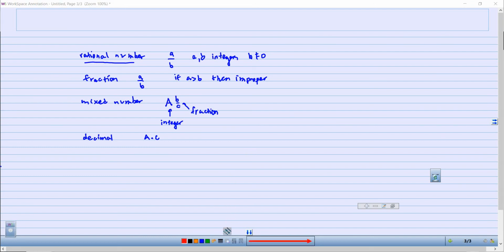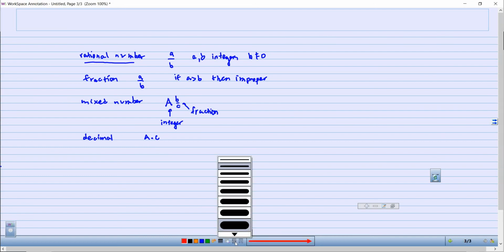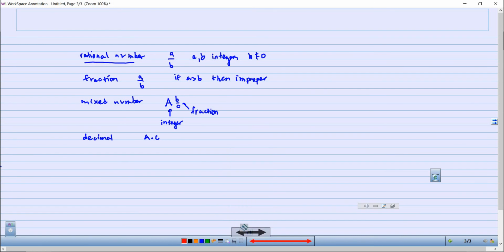Remember, we have a number line that we use to represent the position of numbers. In the middle of that number line, we usually put 0. Everything to the right is positive, everything to the left is negative.